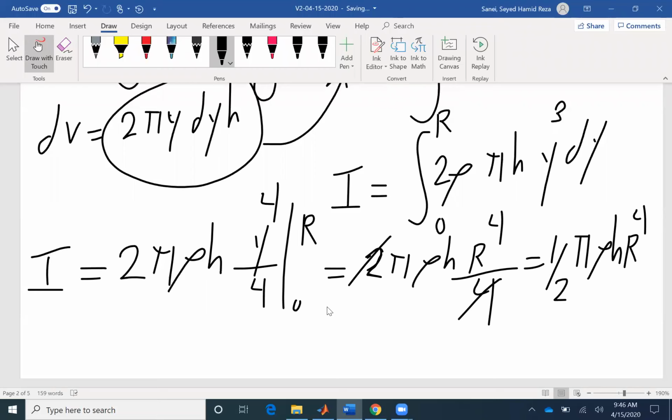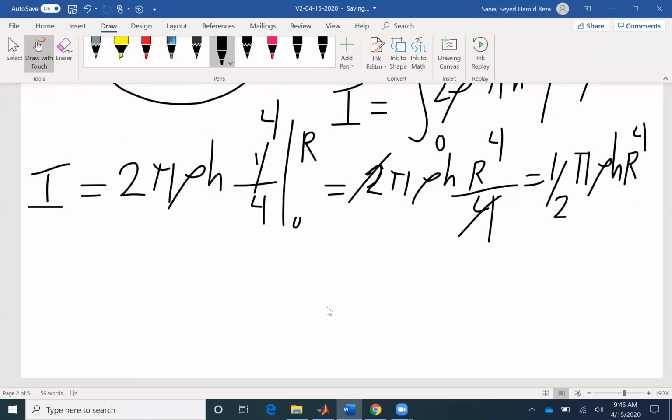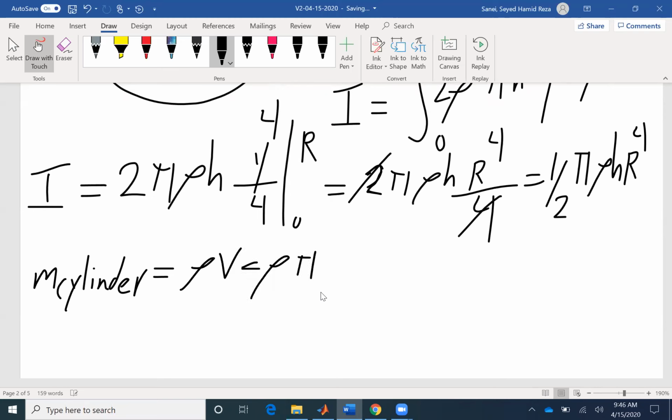But I'm interested in writing the moment of inertia based on the mass. So if I find the mass of the cylinder, the mass of the cylinder would be rho V, and V would be the area, pi r squared, times h.